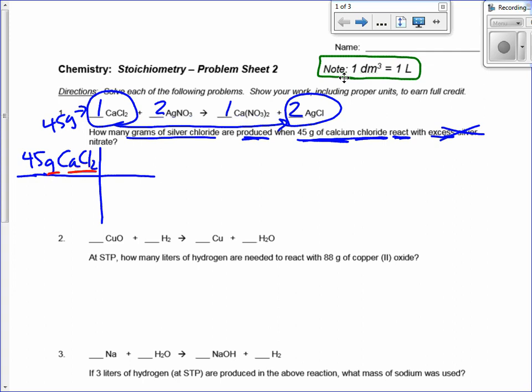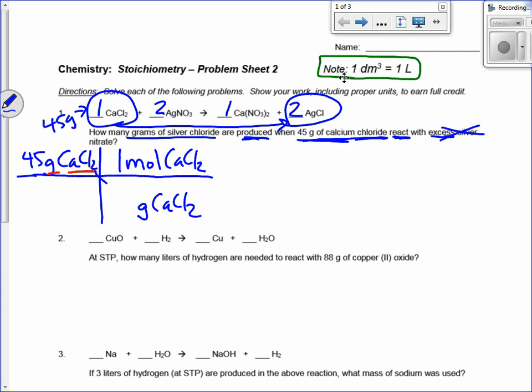Now, I can't switch substances yet because I'm not in the mole. So I have to do grams to moles. And where do I find my interchange for moles for grams? Look at the periodic table. Add up the molar mass. Exactly right. So I'm going to diagonal down my grams of CaCl2, and I'm going to go to 1 mole of CaCl2.